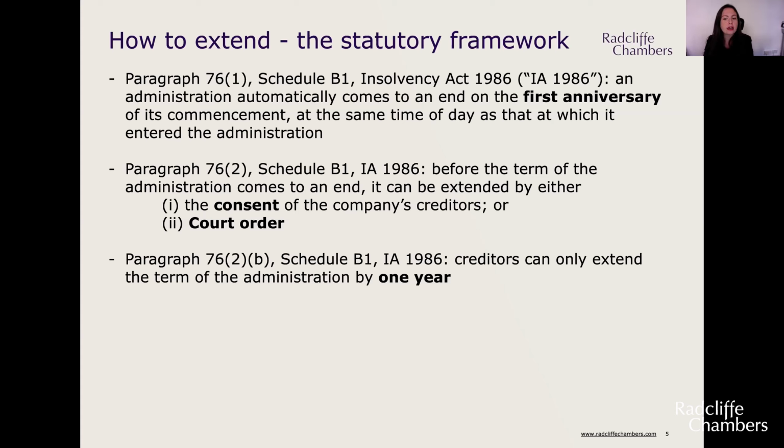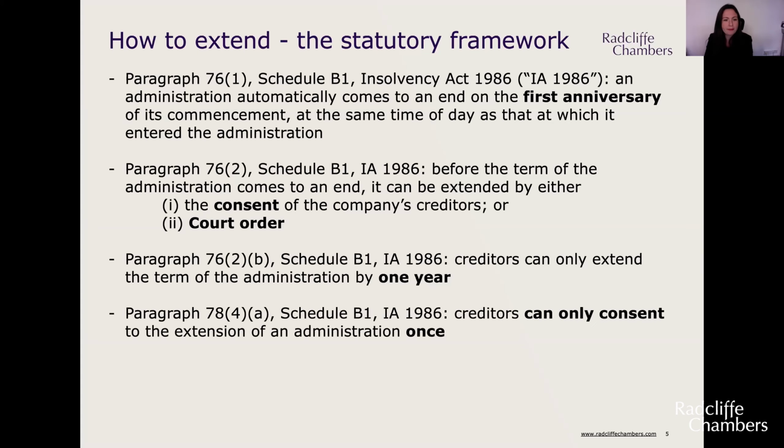And creditors' consent is limited, however, in that it can only extend the term of the administration for a year. So again, a year's not long. 2 years also can not be a very long time in the grand scheme of things, particularly, as you can imagine, if you've got complex administrations where it essentially takes you a year to get to grips with what's gone on, to get all the information in that you need, and to speak with the people you need to speak with. So you can get a further extension from creditors, but only by a year.